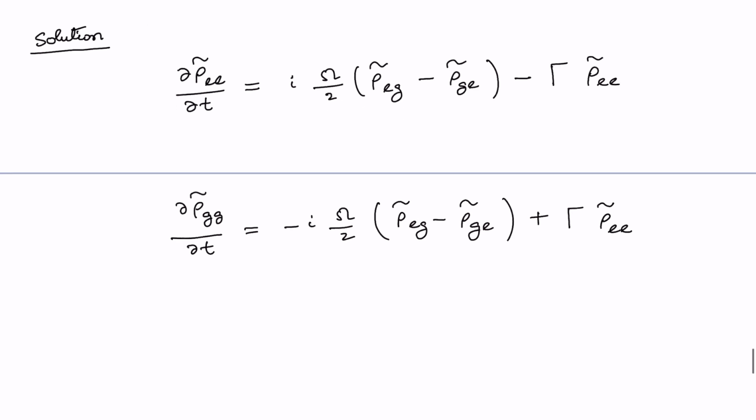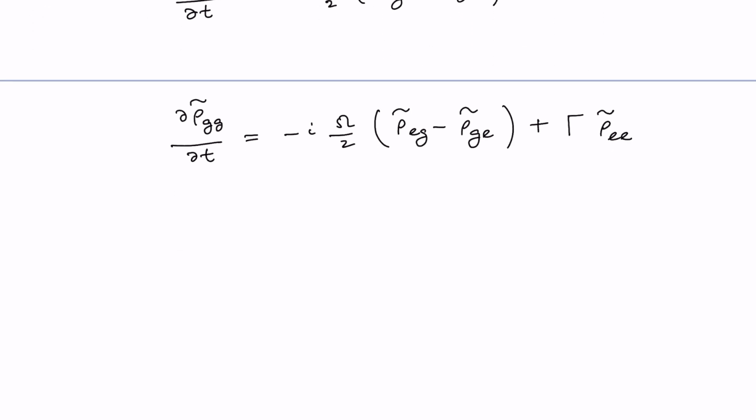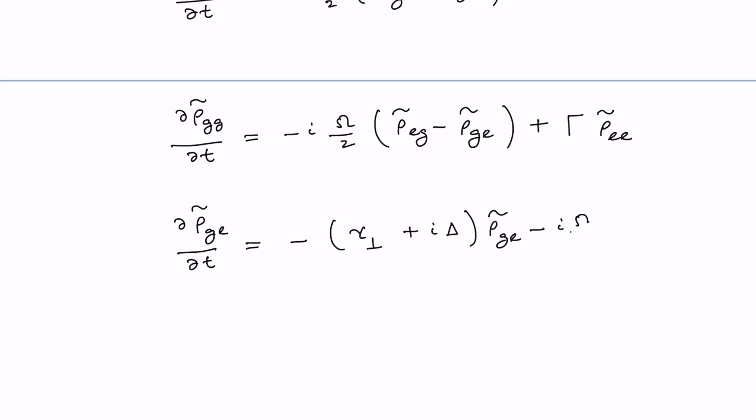Then for the coherence terms, I have the derivative of rho tilde ZE with respect to t is equal to minus gamma perpendicular, which refers to the transverse decay rate, plus i delta rho tilde ZE minus i capital Omega by 2, where capital Omega is the Rabi frequency as we know, times rho tilde EE minus rho tilde ZZ.